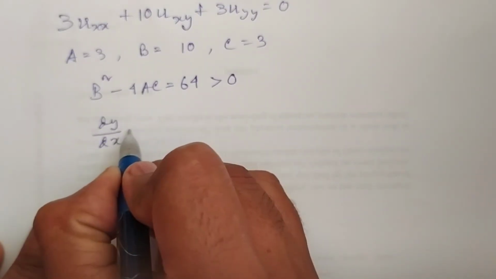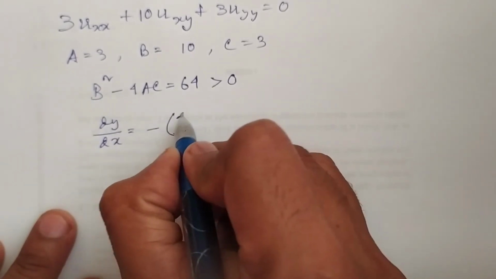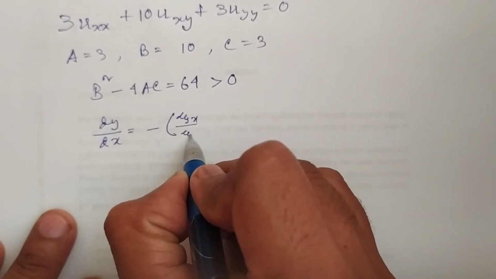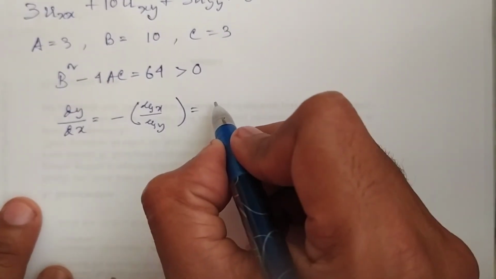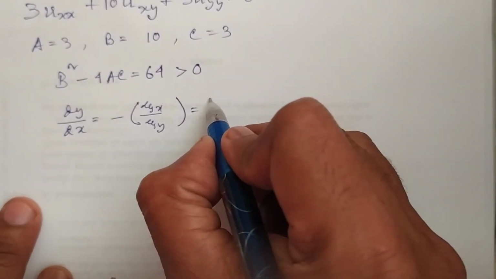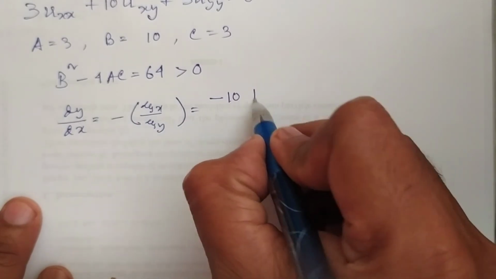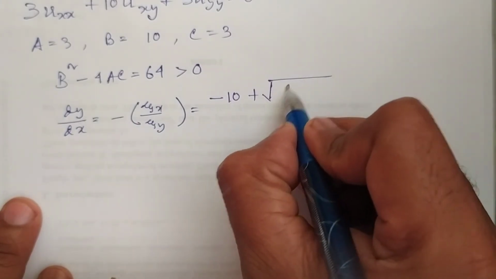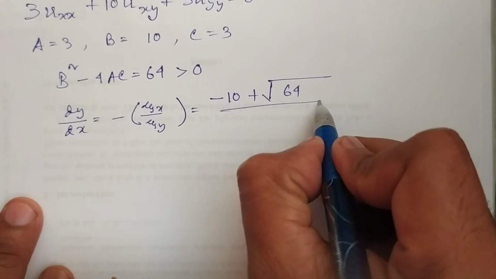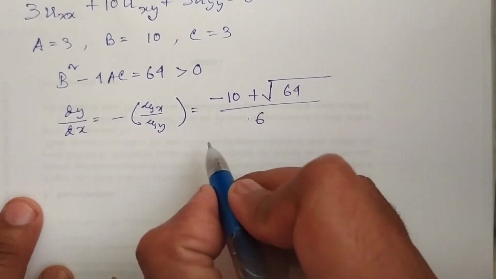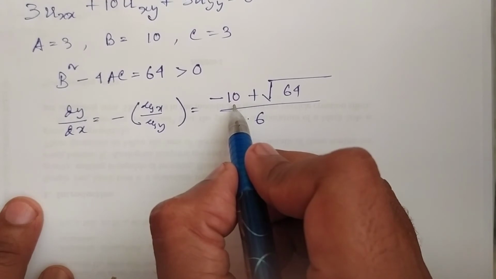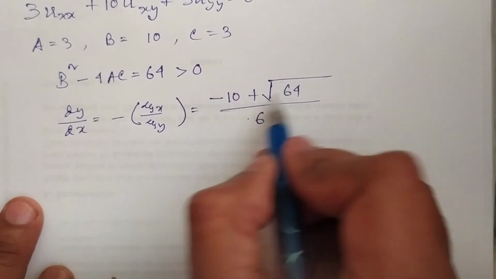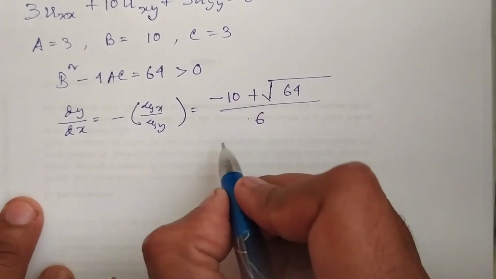dy/dx is equal to xi_x over xi_y, and we take the positive value, so this will be minus b plus root of 64 over 6, and this is 8, and this is minus 2, the numerator is equal to minus 2.